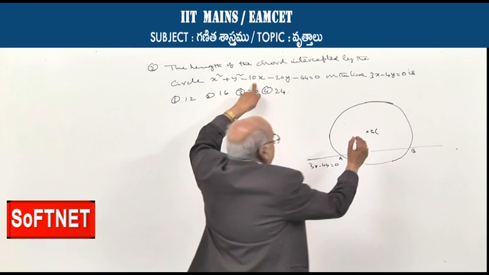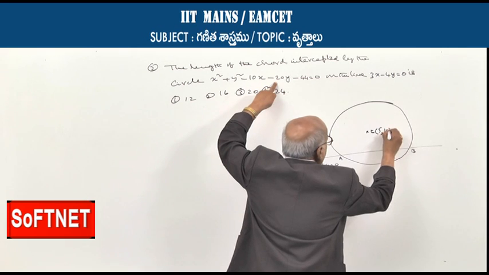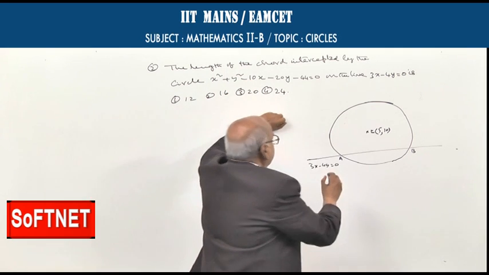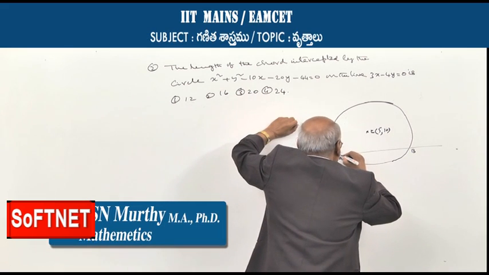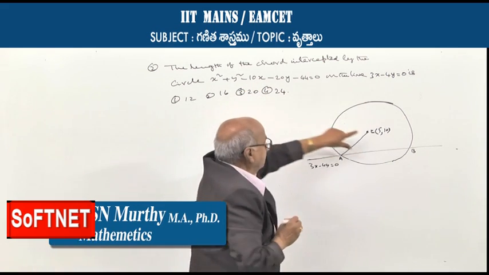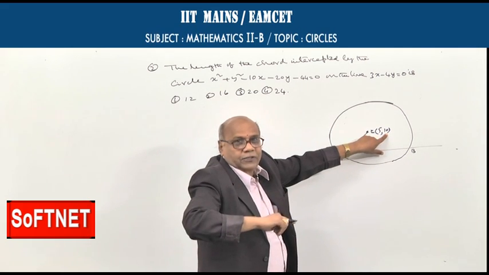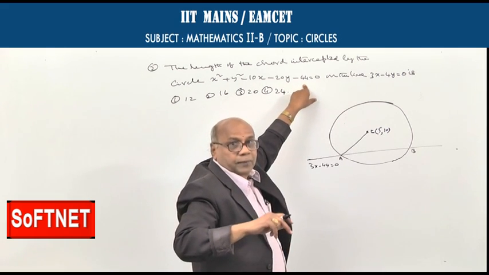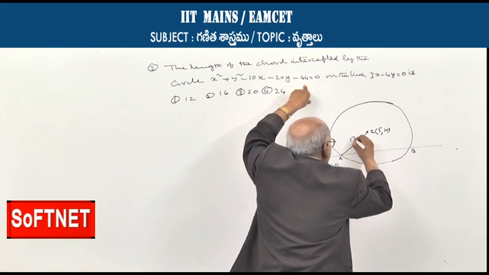So here the center is (5, 10), and the radius is the square root of g square plus f square minus c. Here g square means 25 plus f square means 100, 125, and minus c means plus 44, which is 169. So the radius is 13.